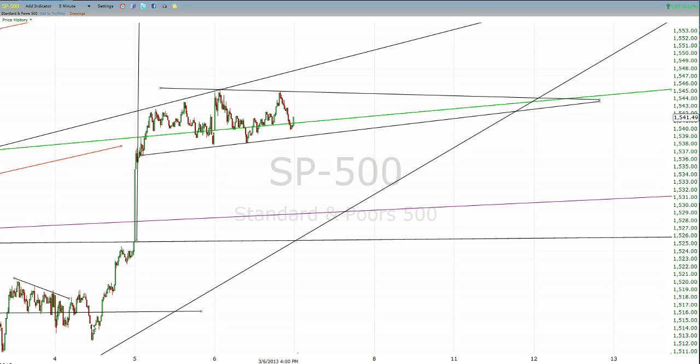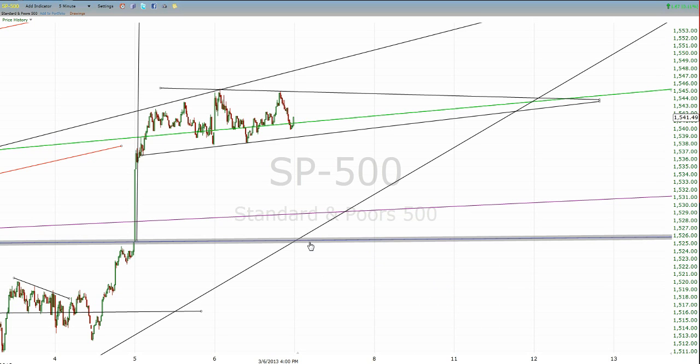So that's where we see the market rise up and then create this little flag pattern here. Flag patterns can either break to the upside or to the downside. Now, we haven't seen a back test on our neckline, and that neckline is down here. In fact, I'll just change the color of that to blue.